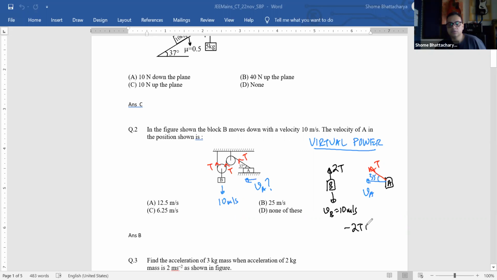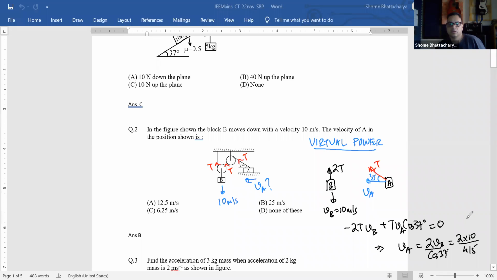Minus 2T into VB. The power delivered on A is TVA cos 37 degrees, and this should be 0. So VA should become 2 VB divided by cos 37. So that is 2 into 10 divided by cos 37, you know, is 4 by 5.